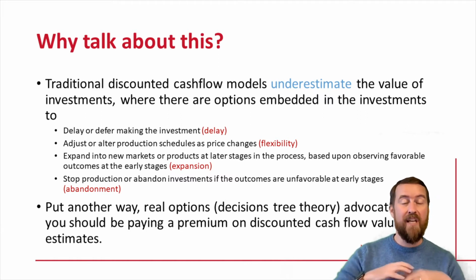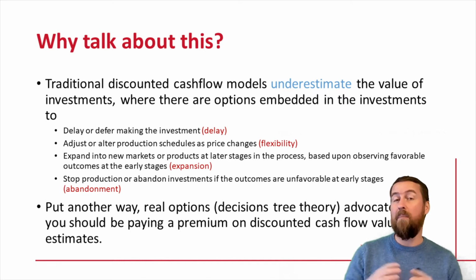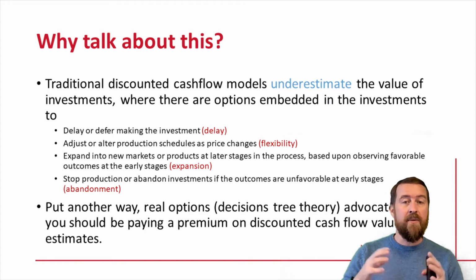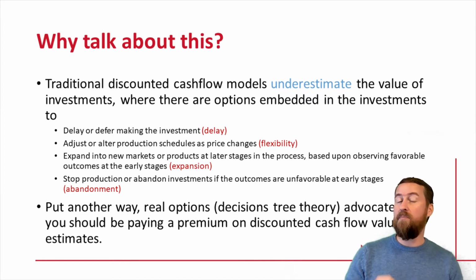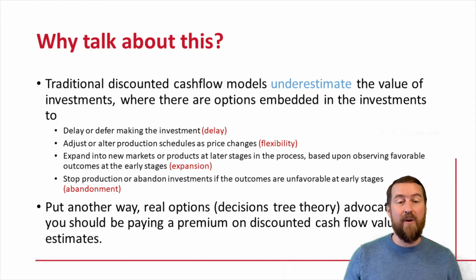So we have these options, we have these possibilities inside our decision sphere. So these real options or decision tree theory advocates that we should be able to pay a premium on these discounted cash flow in our value estimation because we can get better.